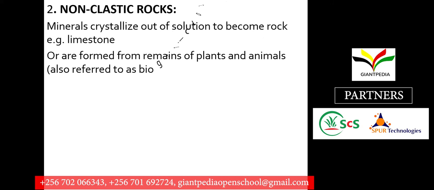For example, limestone, dolomite limestone, which is chemically formed. Or they are formed from remains of plants and animals, for example, coal. Such non-clastic sedimentary rocks, which are organically formed, could also be referred to as biogenic rocks.